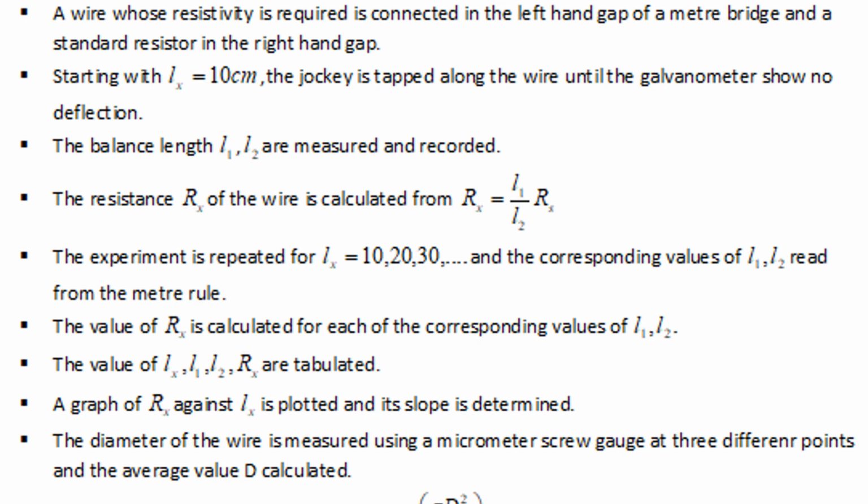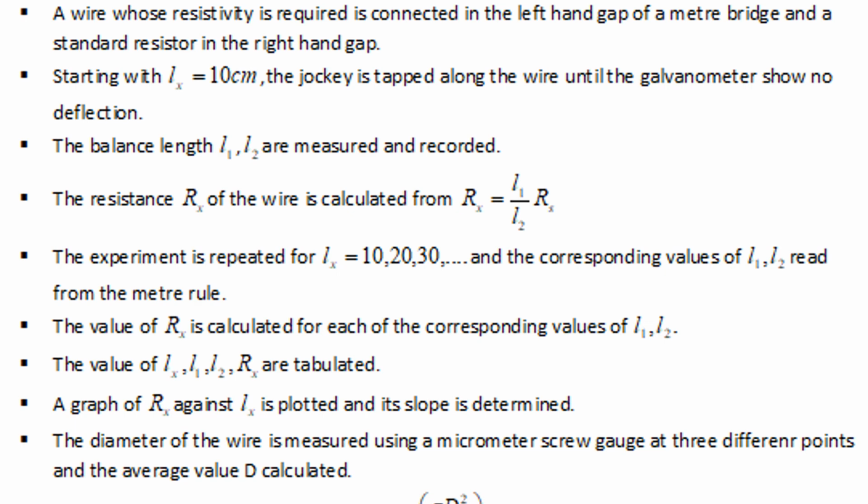Or you can actually say they are read from the meter bridge wire, because there is a ruler underneath the meter bridge. So you can read the balance length and record those values. Then the resistance of the wire is calculated using the meter bridge condition. You get the resistance of the wire that is connected in the left-hand side.